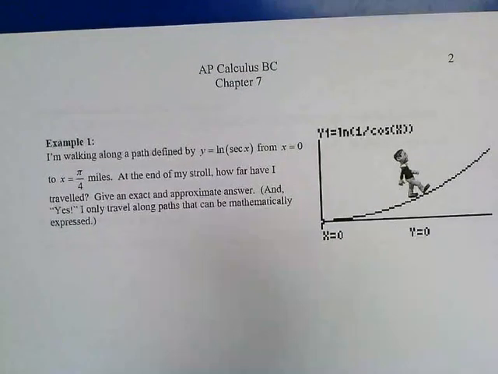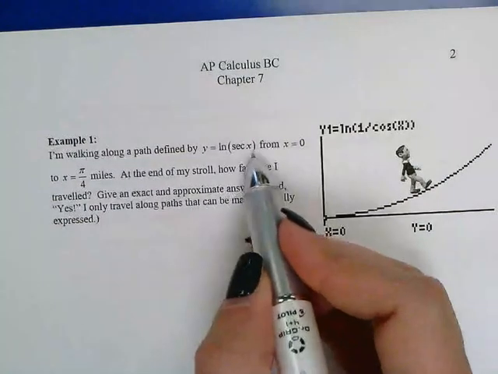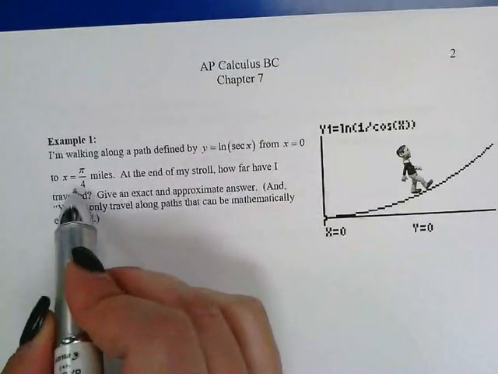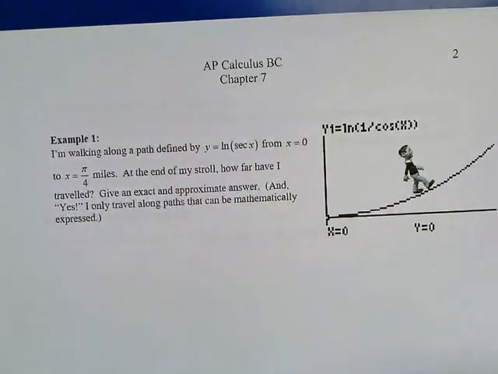Example 1. I'm walking along a path defined by y equals ln secant of x from x equals 0 to x equals pi over 4. So here's my path from the calculator screen.